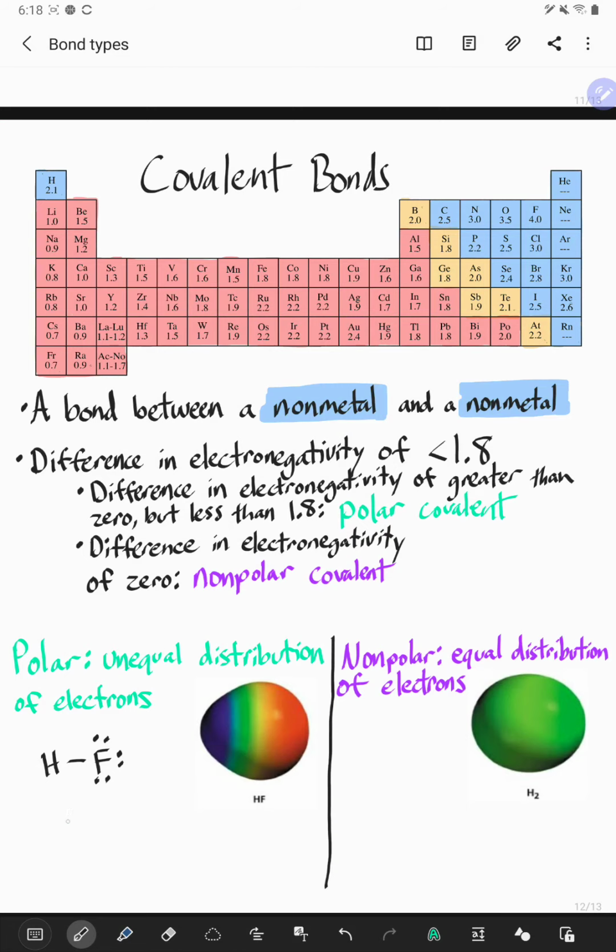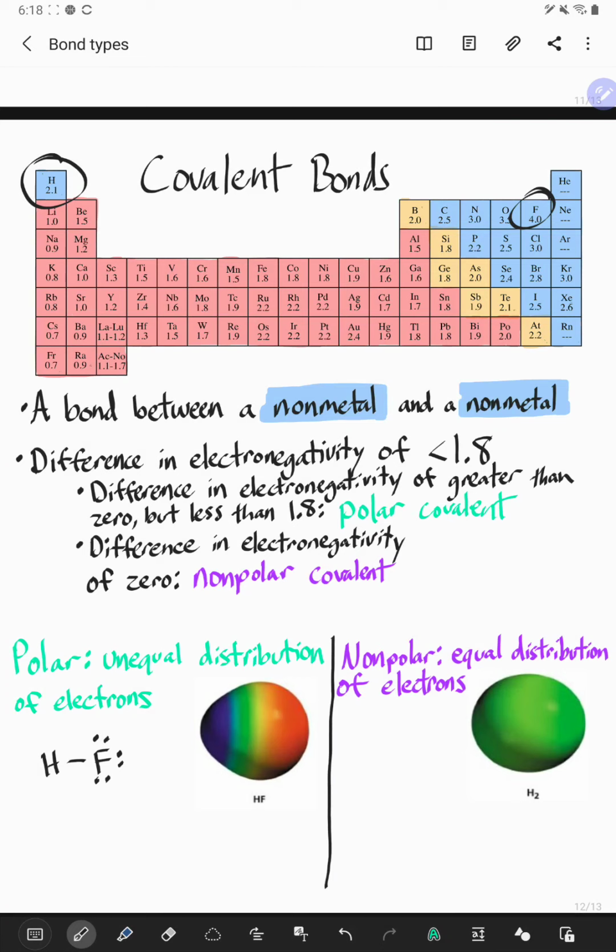So we have a chemical bond right here, and fluorine has an electronegativity value of 4.0, whereas hydrogen has an electronegativity value of 2.1. And this one's a little bit weird. It's got a value of 1.9.